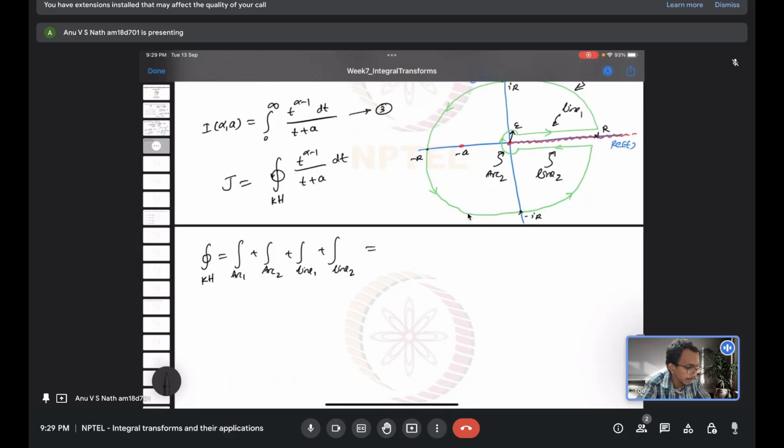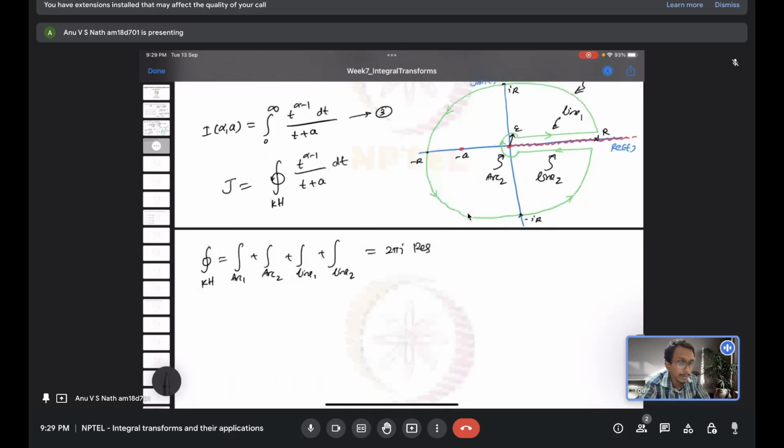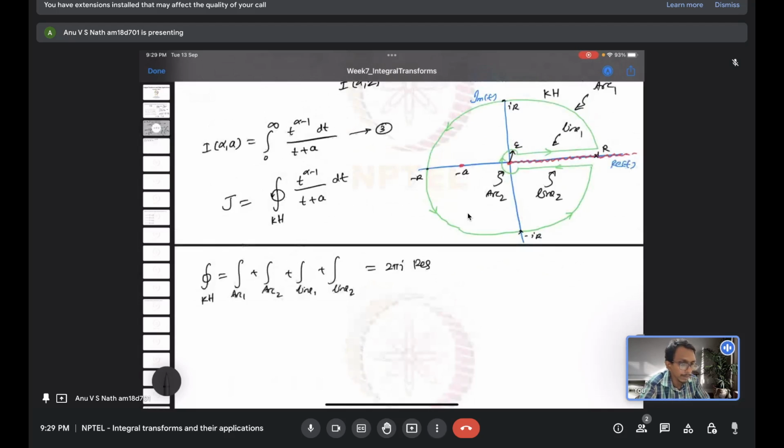From the residue theorem, we should write it as 2 pi i times the sum of all the residues of the function enclosed inside the closed keyhole contour. There is only one singular point enclosed within the keyhole contour, which is at t equal to minus a. So it's the residue of the function t raised to alpha minus 1 by t plus a at t equal to minus a, which we will come to. Let me represent this as equation 4.